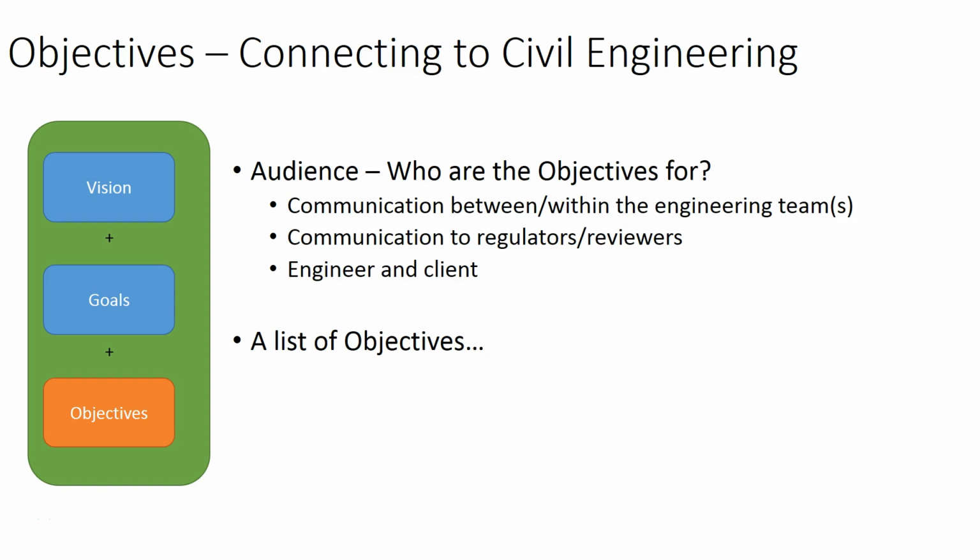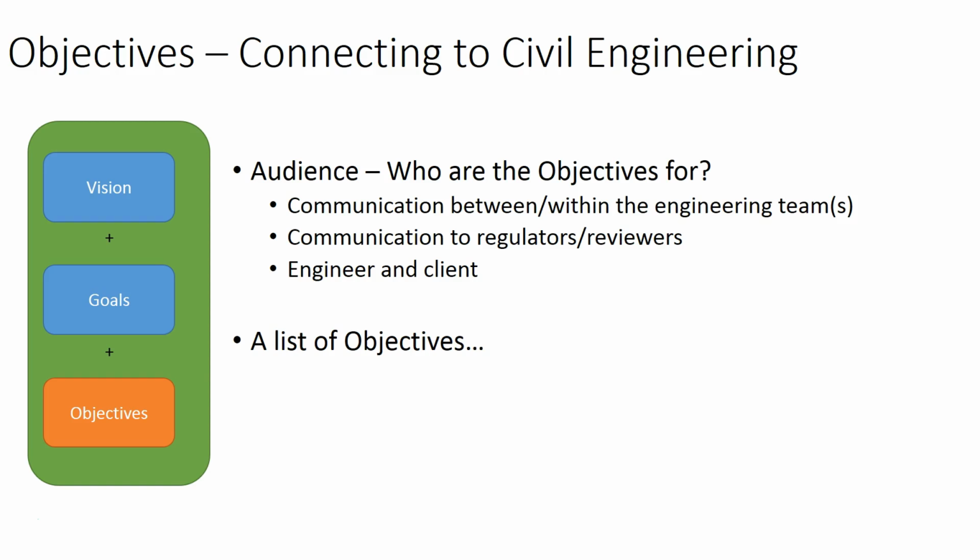With objectives, you're trying to communicate specific quantifiable details, and all of the engineering teams need to understand what those details are. They're also useful for communicating with regulators and reviewers. They're often very interested and accountable to the public that they serve for being able to quantify and specify the impacts that the project is going to be having.